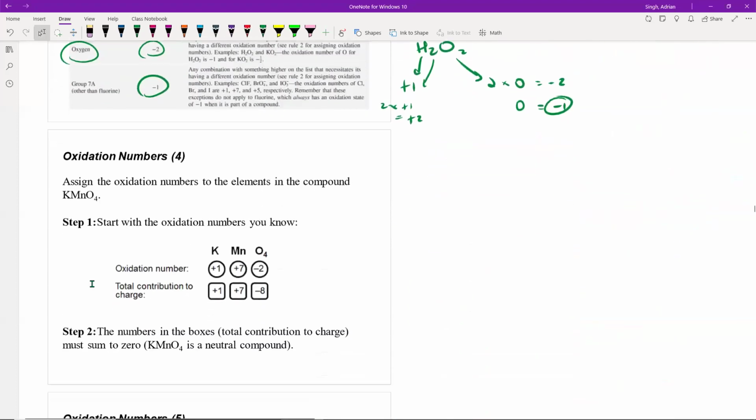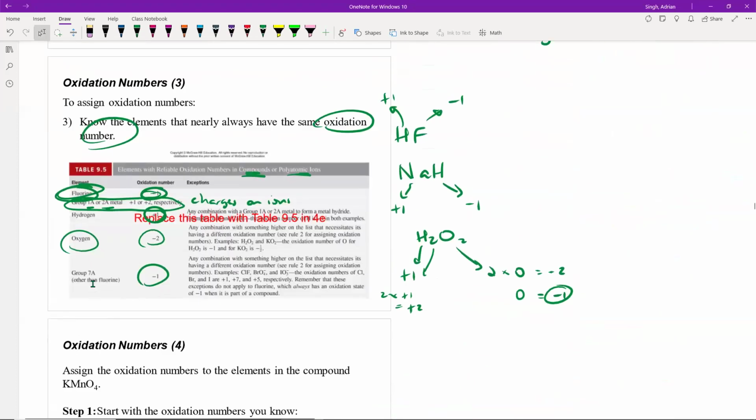All right, let's take a look at identifying the oxidation numbers in KMnO4, and we'll use some of the rules we talked about before. In KMnO4, which is potassium permanganate, potassium has a charge of 1+, so the oxidation number there is going to be +1.